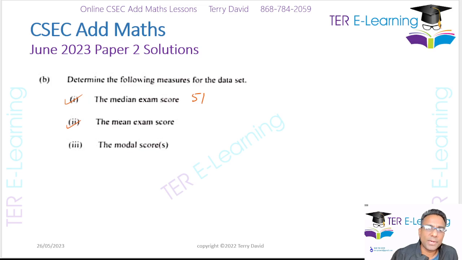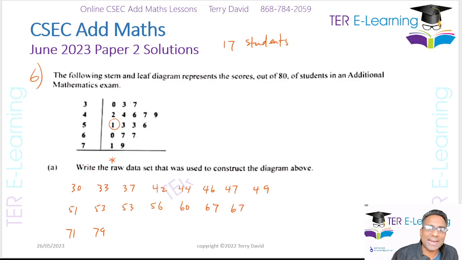The next thing they want us to calculate is the mean score, right? So the mean score, which is x bar. So x bar is your mean. So it's going to be sigma x over n. In this case here, you're going to have to add up all the scores, right? So let me add that up there.